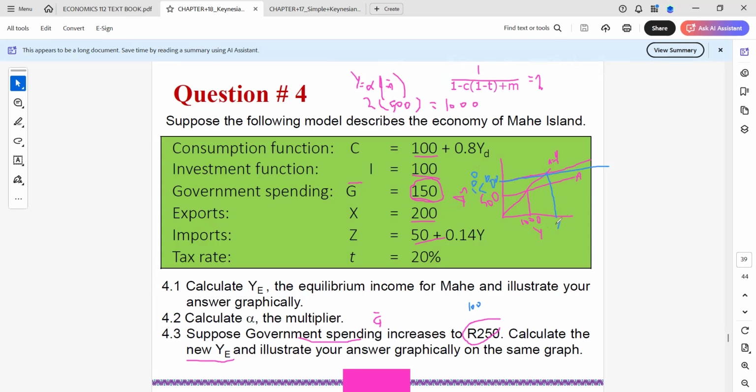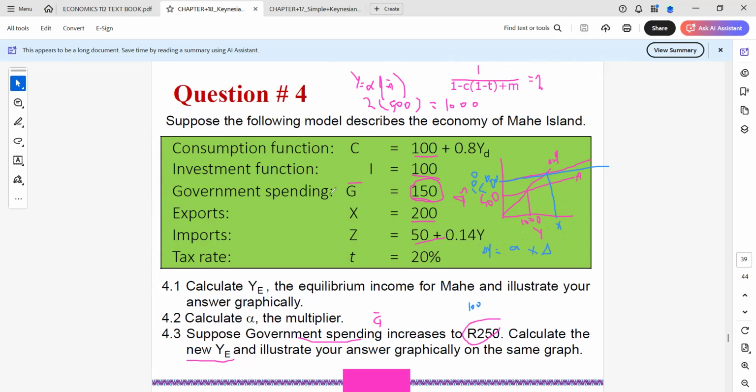And then they want us to calculate this, our X, the new equilibrium income. We do not have this new equilibrium income, but we know the formula that we can use. To get a change in income, we can say the change in income is equal to the multiplier times a change in any component of aggregate expenditure.